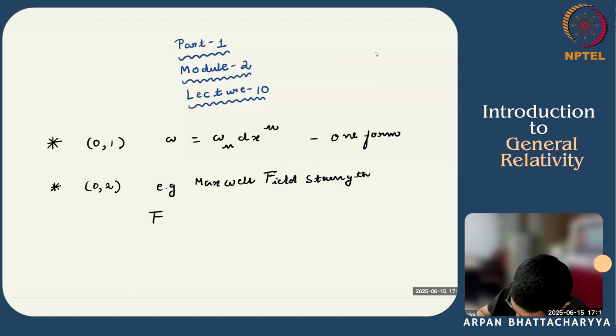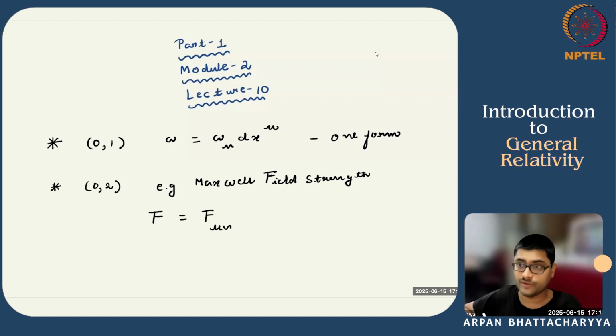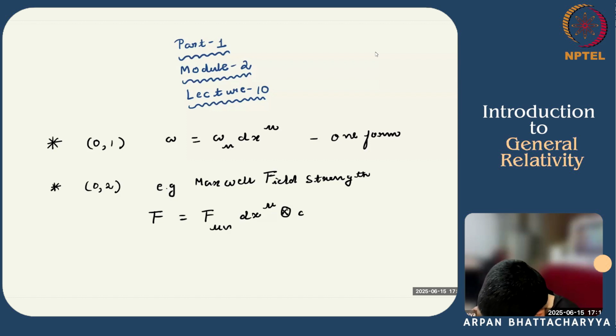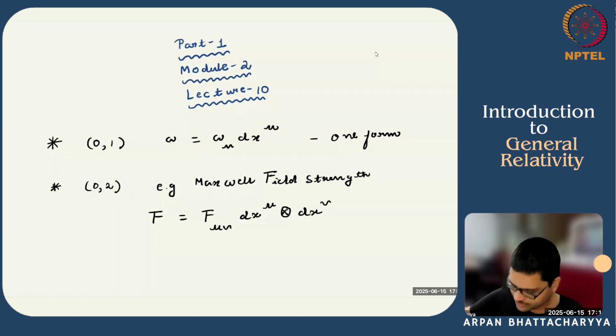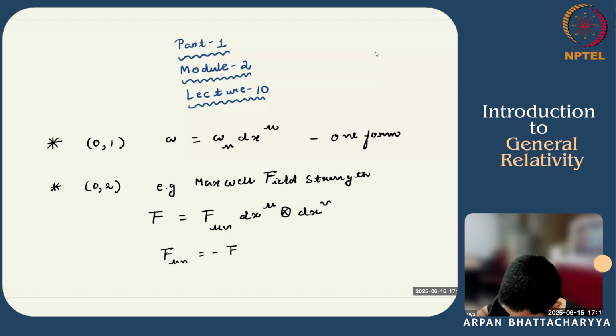This is a (0,2) rank tensor, which has components denoted by F_mu nu. This is the field strength. The basis is dx^mu tensor product dx^nu. And from electrodynamics, we know that this is antisymmetric. That means F_nu mu equals minus F_mu nu.